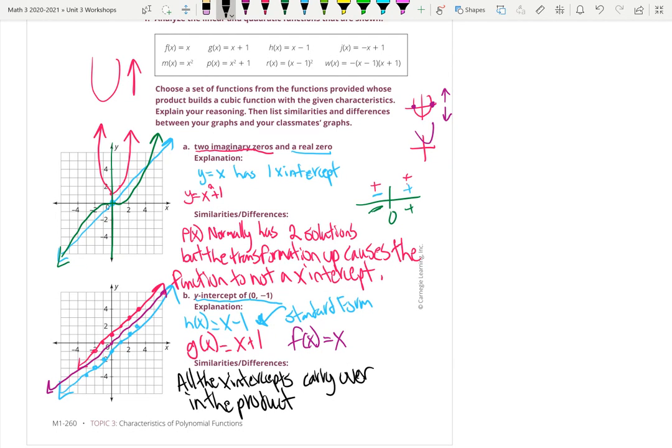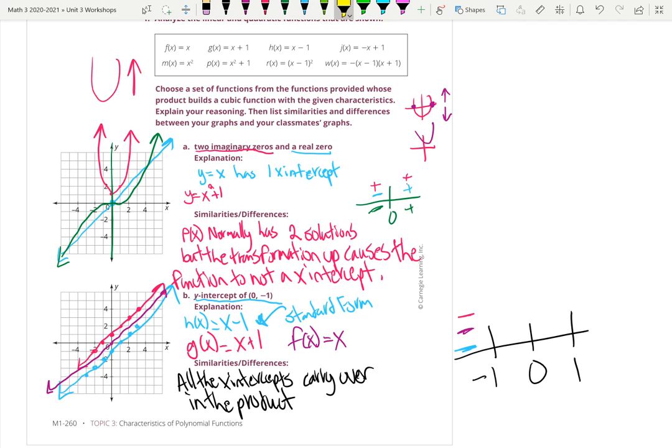When I look at my graph, I have an x-intercept at -1. I have a 0 and a +1. Okay, let's look at behavior. To the left of -1, I see that the red line is negative, the purple line is negative, and the blue line is negative.